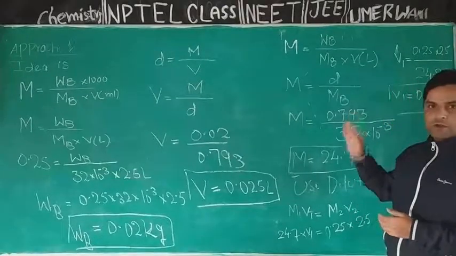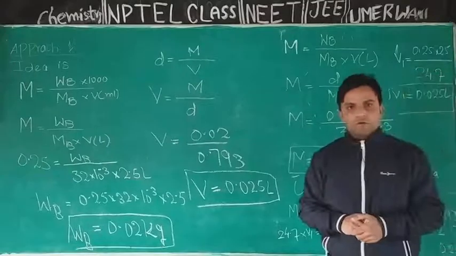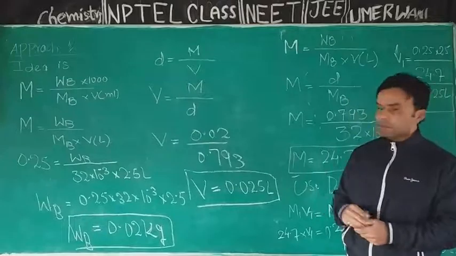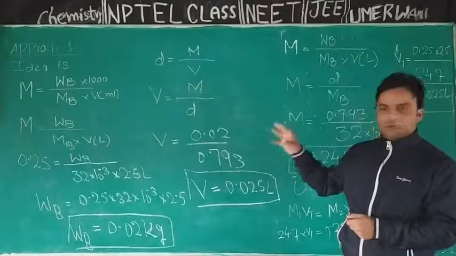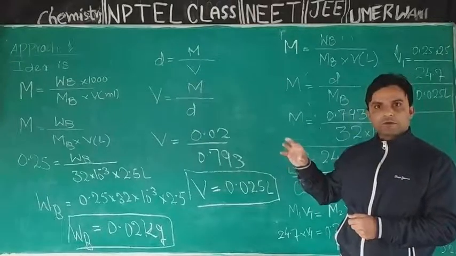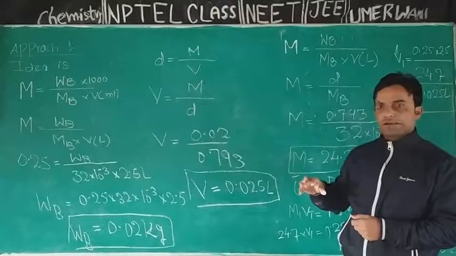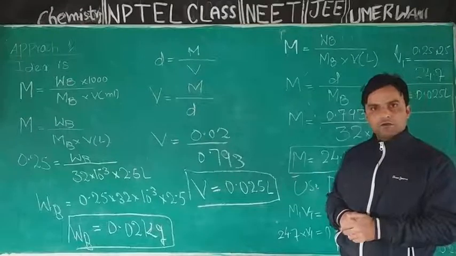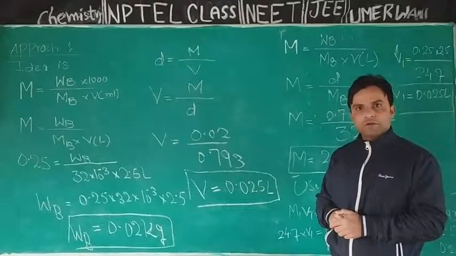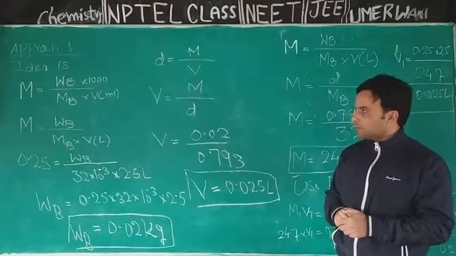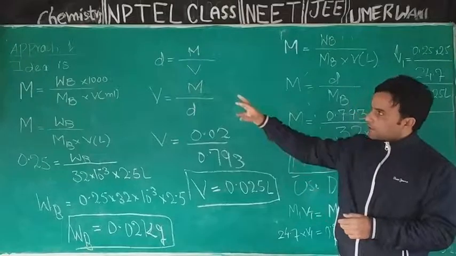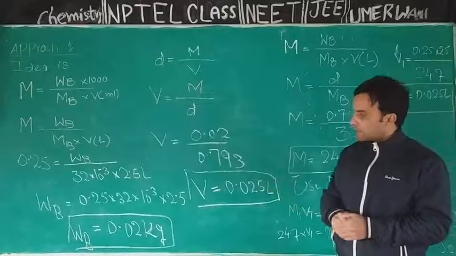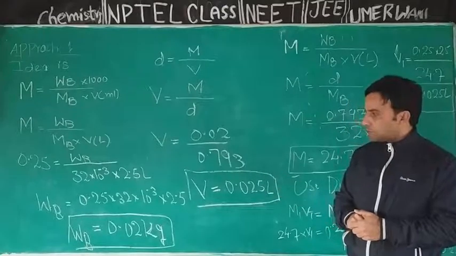I said there are two approaches. In approach 1, the idea is that we will solve this problem in 2 steps. First we will calculate weight of methanol that is required to prepare 0.25 molar solution in 2.5 liters, and for that I used the molarity equation and I got weight of methanol required is 0.02 kg.